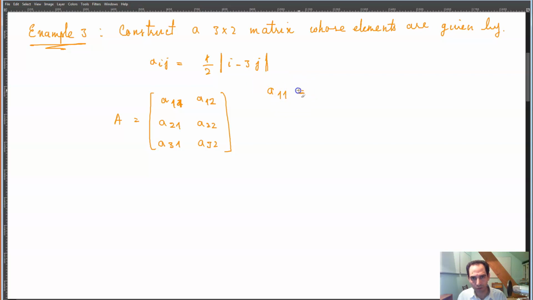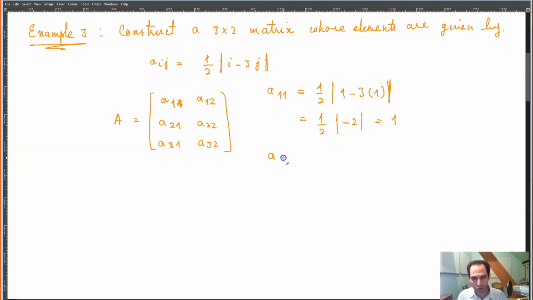So then I can write that as 1/2 the absolute value of 1 minus 3 times 1, which is equal to 1/2 times the absolute value of 1 minus 3, which is negative 2, which is equal to 1/2 times 2, which is equal to 1.